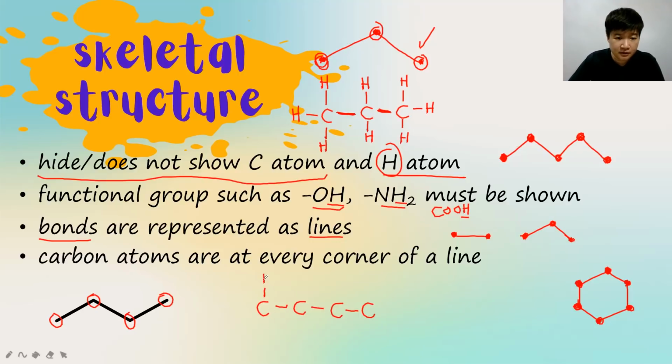So the first carbon on the left will be having 3 hydrogen. The second carbon from the left will be having 2 hydrogen. The third carbon from the left will be having another 2 hydrogen. The last carbon over here will be having 3 hydrogen. Okay. So that is the way that we are hiding the carbon and hydrogen in the skeletal structure.